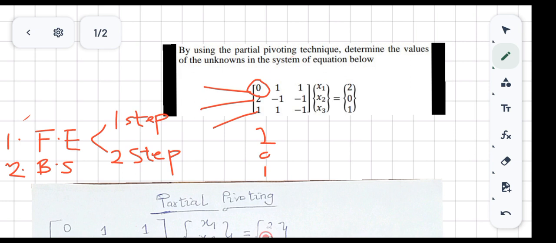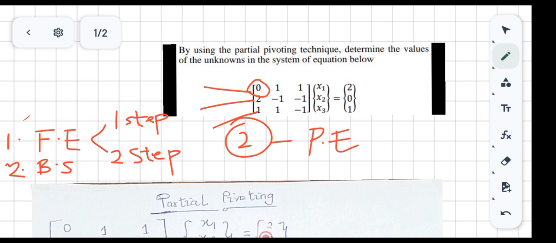Okay, so you realize that when you find the absolute values of 0, 2, and 1, the absolute value of 0 is 0, of 2 is 2, and of 1 is 1. So comparing them, which one is greater? The absolute value of 2 is the maximum one. So the 2 has to be the pivot element rather than the 0, right?